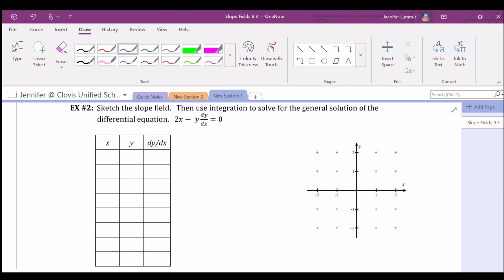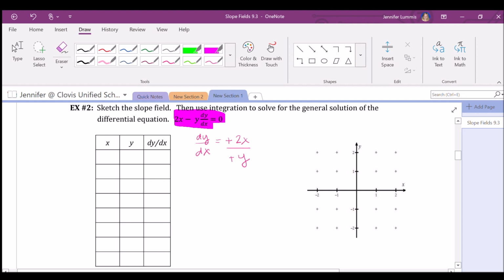And then we also want to take our differential equation here and solve in terms of dy/dx. So that would mean we would subtract 2x and then divide by -y. So we're left with 2x over y.